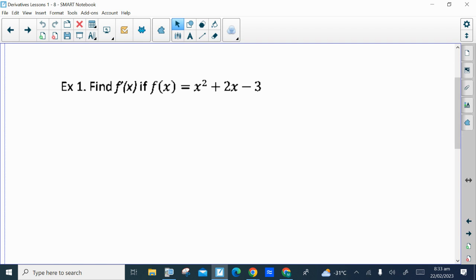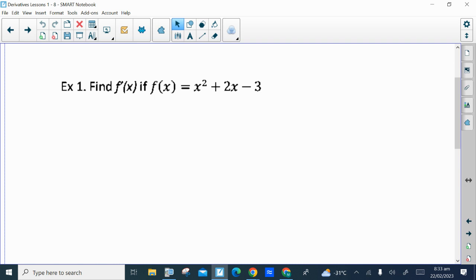So we saw yesterday that when you find the derivative, it's the same as finding the slope of a tangent line to a curve at a certain point. It's also the same as finding the instantaneous rate of change of an object as it's changing with respect to some variable.